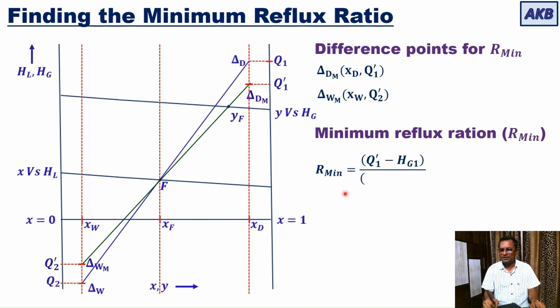The formula remains the same. The only change is you are replacing Q1 with Q1 dash. So in this way, you can find minimum reflux ratio by the Ponchon-Savarit method, or by using the enthalpy concentration diagram. I hope you have learned how those points delta Dm and delta Wm are located.